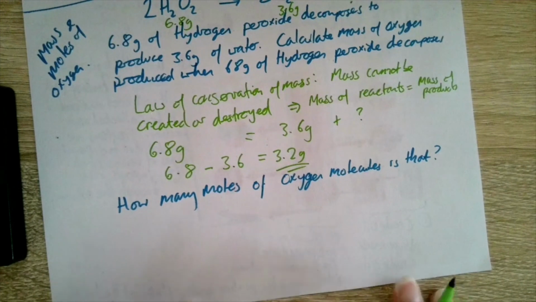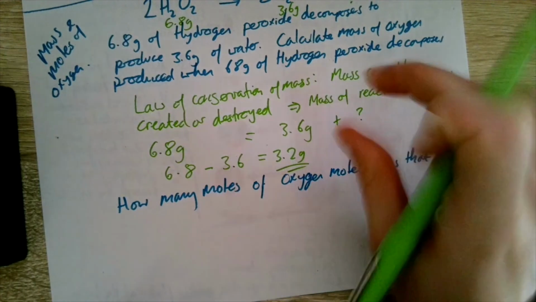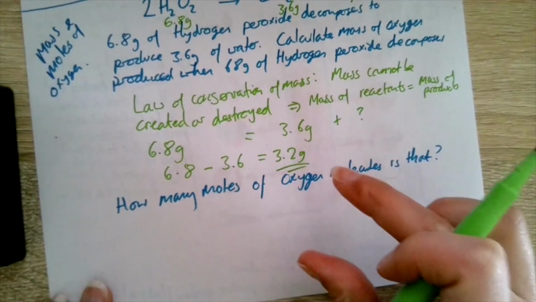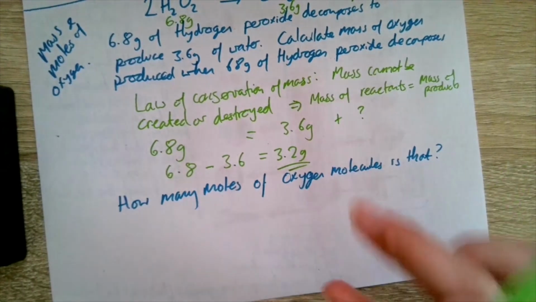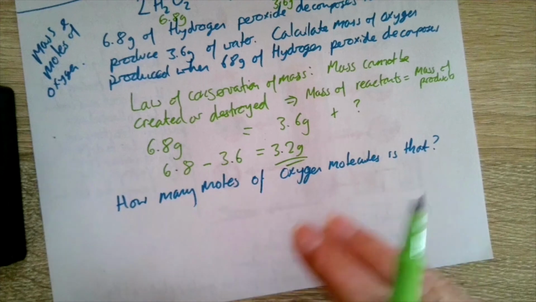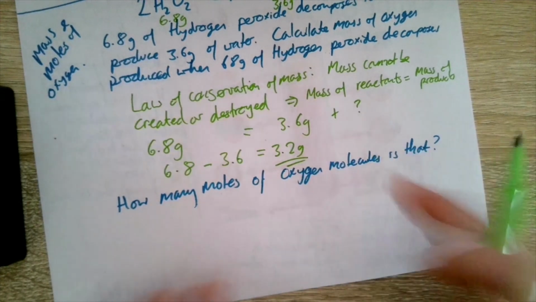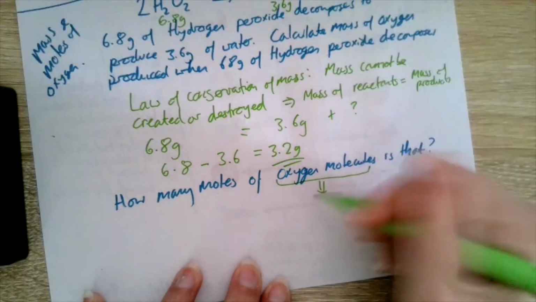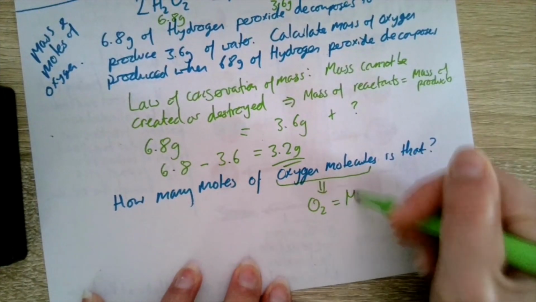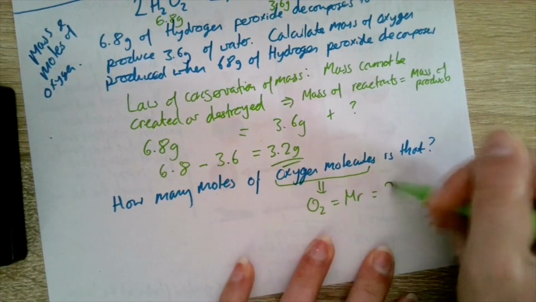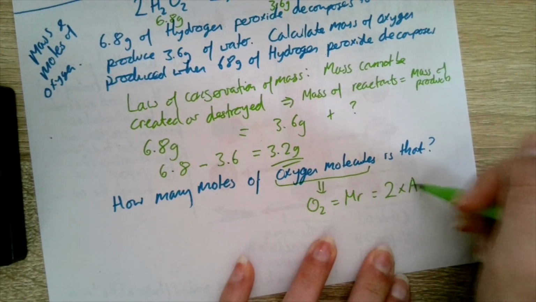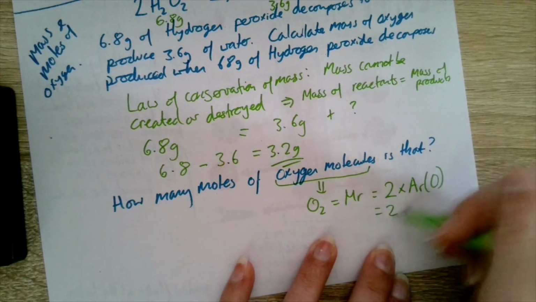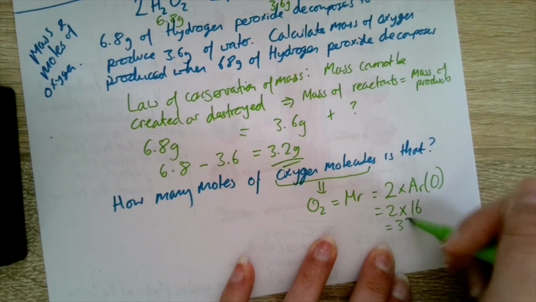How many moles of oxygen is that? So if you got the wrong answer in the first question, you still got the marks for the second part, provided you got the right Mr of oxygen. Oxygen molecules, it's O2, so our Mr is twice the relative atomic mass of oxygen, so 2 times 16, which is 32.